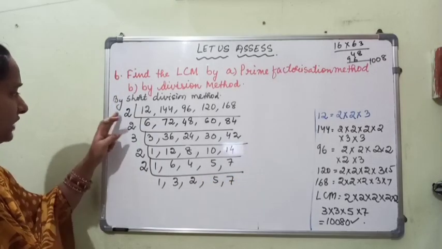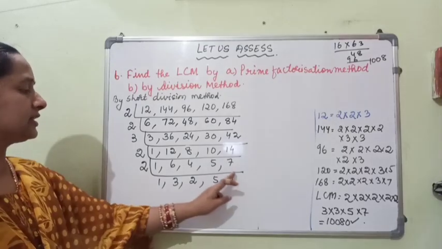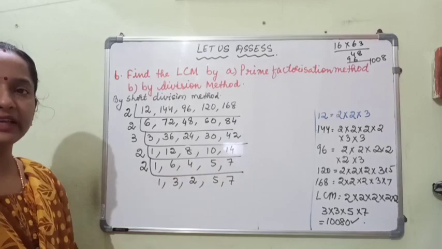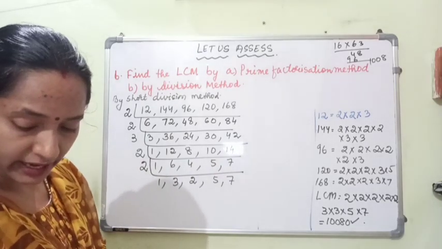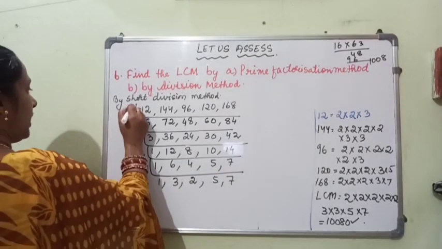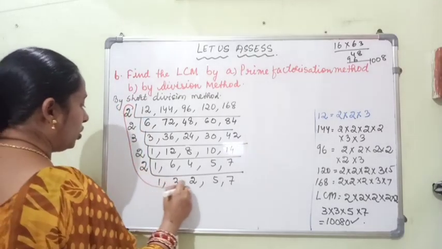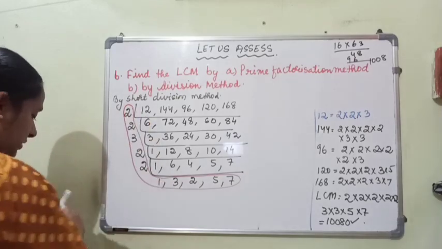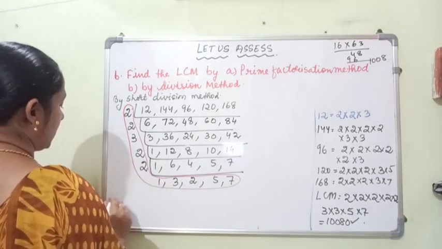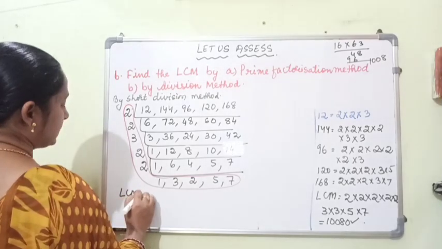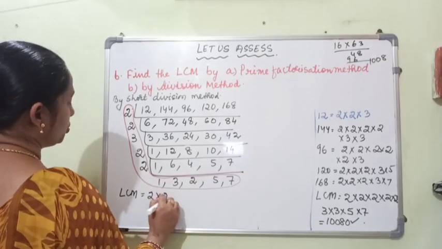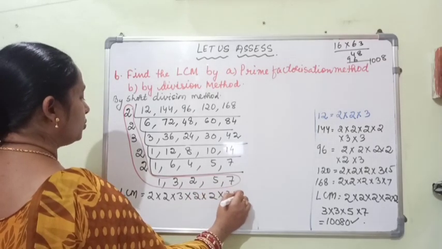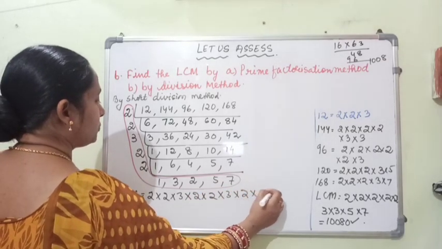Now these are the numbers that we will multiply to find the LCM. So we are going to multiply all these. So LCM is equal to 2 into 2 into 3 into 2 into 2 into 3 into 2 into 5 into 7.